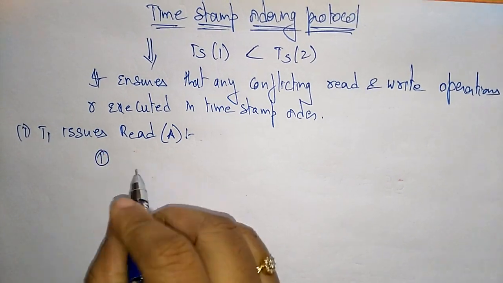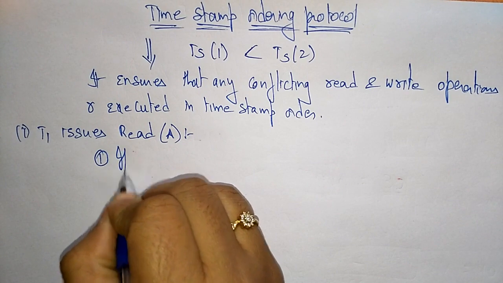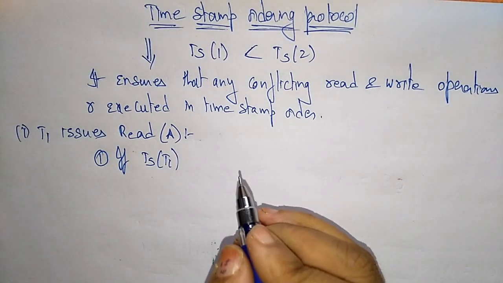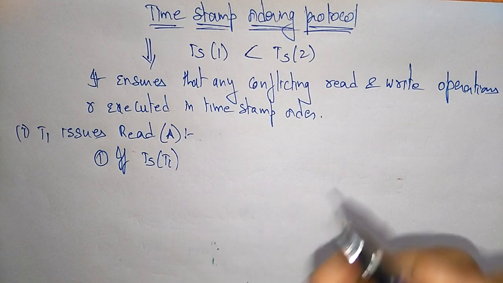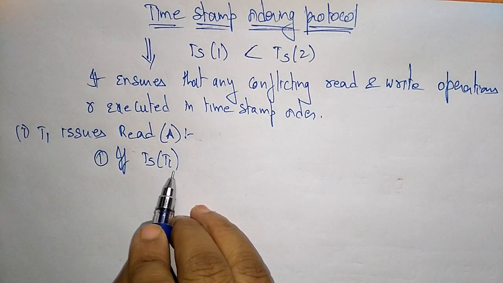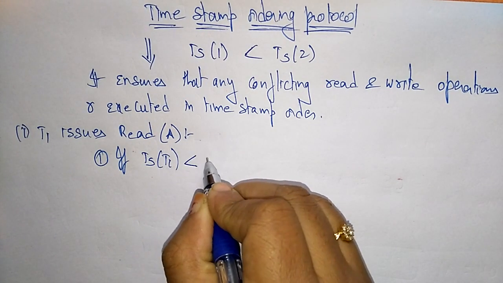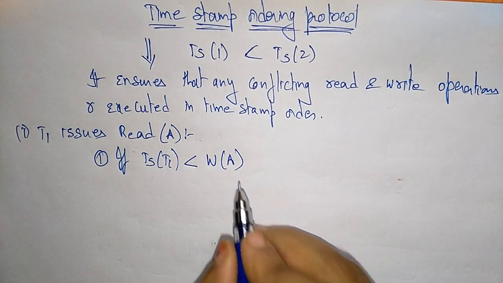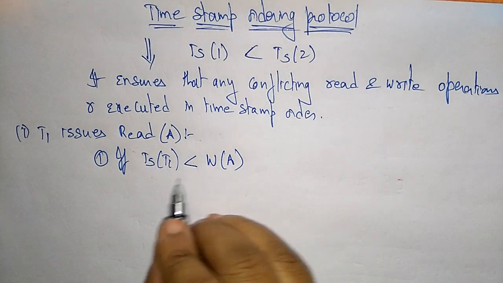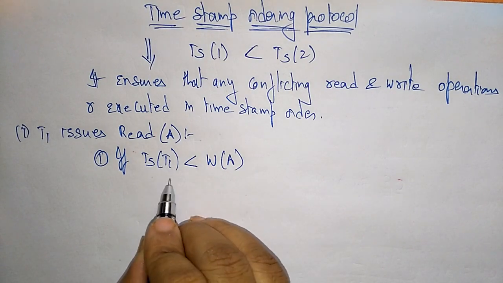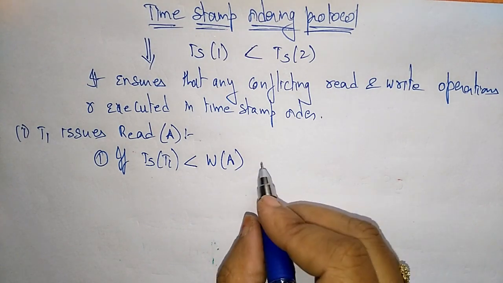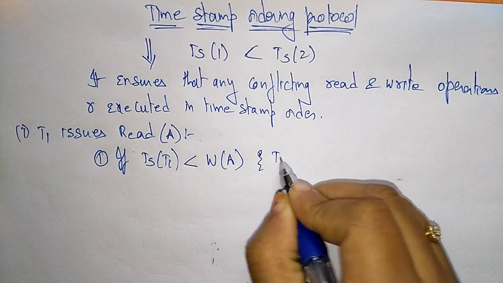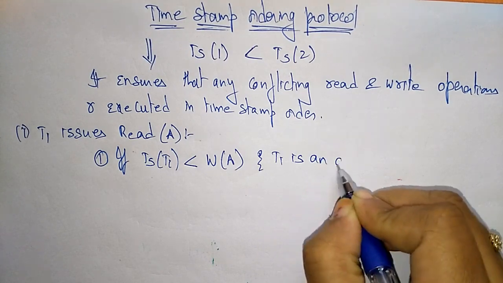The first issue is if the timestamp of Ti, where Ti means any transaction like T0, T1, T2, T3, is less than the write timestamp of A, then you can say Ti is an older transaction.